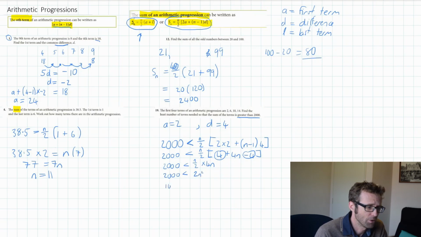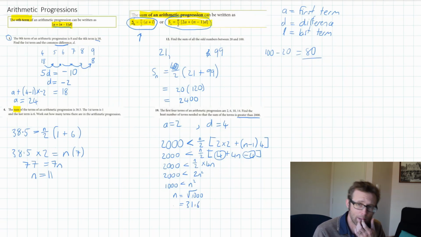Next line, 1,000 is less than n squared. So n is equal to the square root of 1,000. Square root of 1,000 is 10 square root 10, or 31.6.